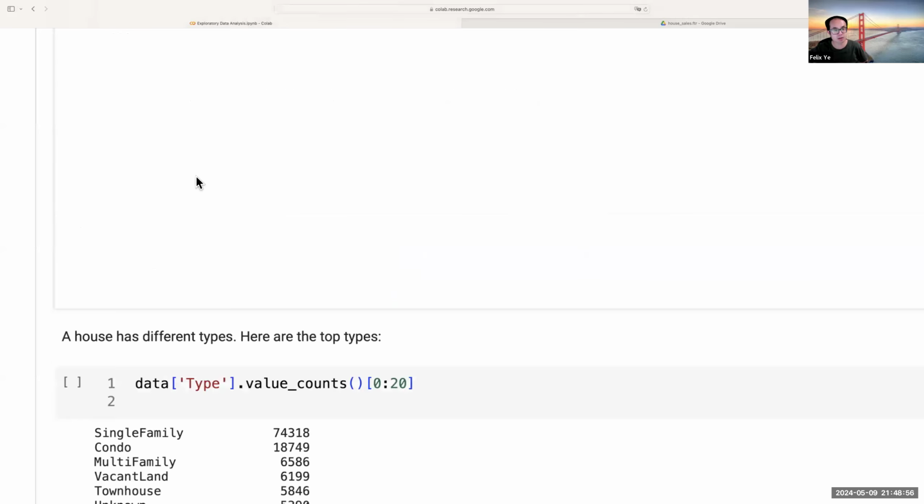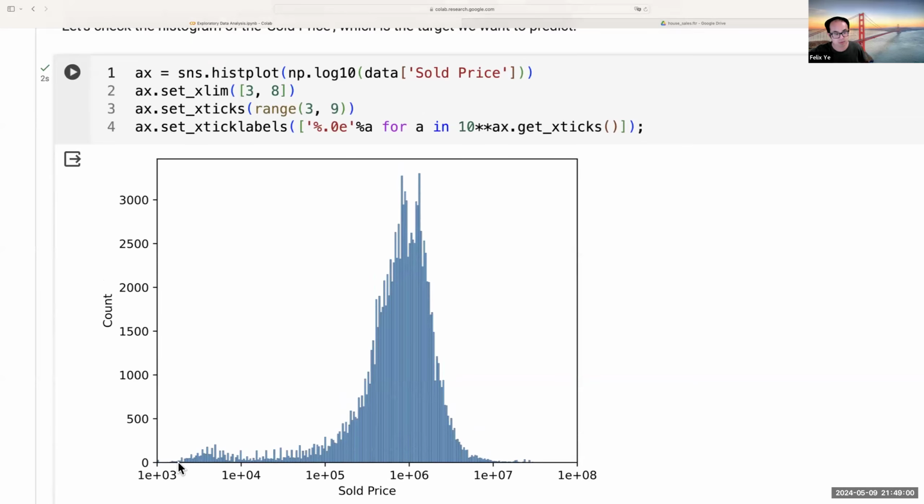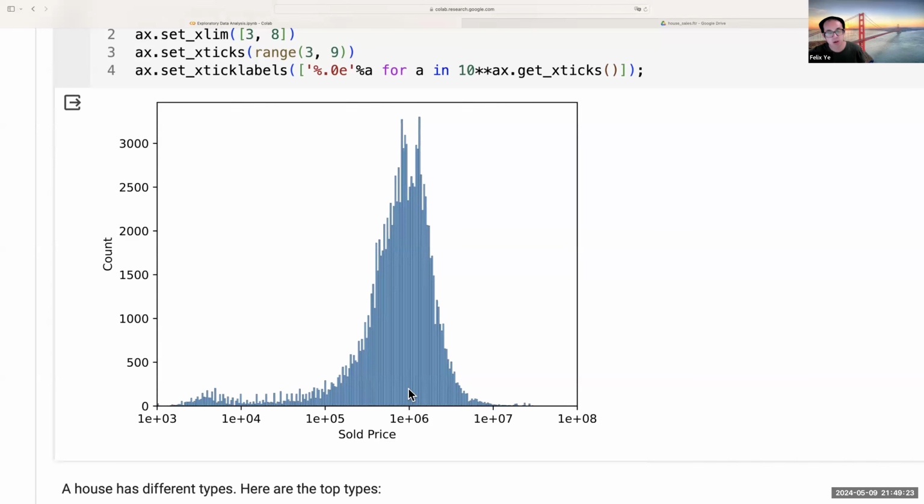If we do that, you will find the data looks something like this, which is actually very strange. You can see there are two peaks right here, which is fine. It makes perfect sense if the sales price is within like 10 to the 5 to 10 to the 7. So this is a normal range.